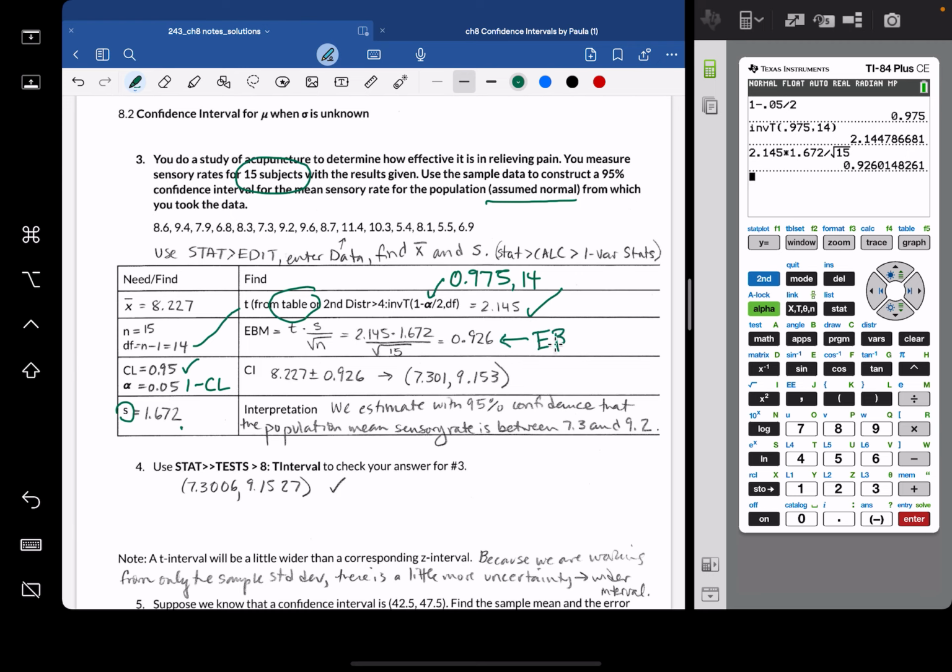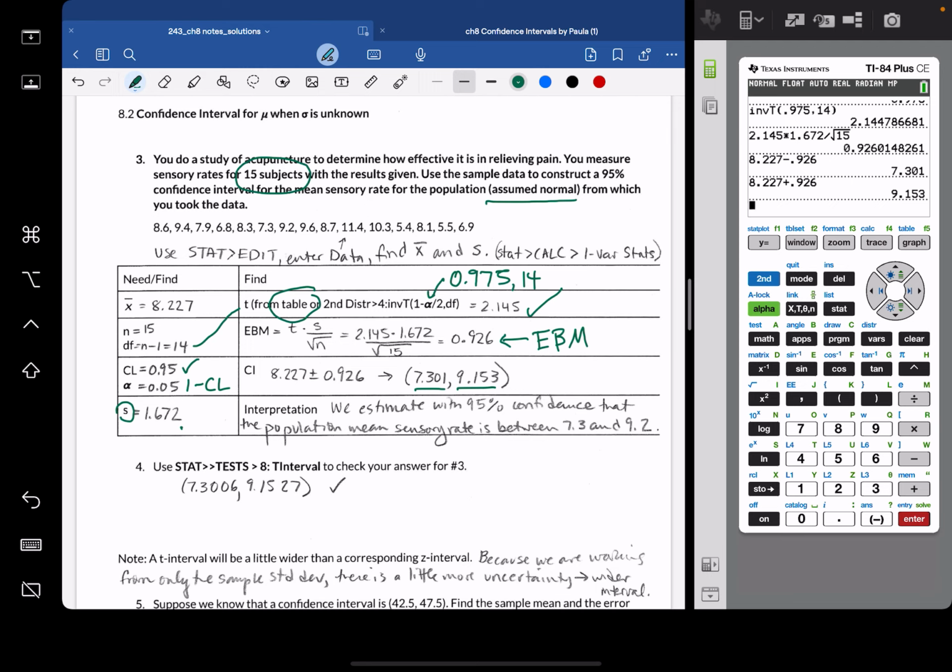That is what I'm going to add and subtract from the sample mean. So my sample mean was 8.227, so I'm going to do plus or minus 0.926. 8.227 minus 0.926, and then I can do second entry, and then just change this to a plus, and then I have my two boundary values, so 7.301, 9.153.